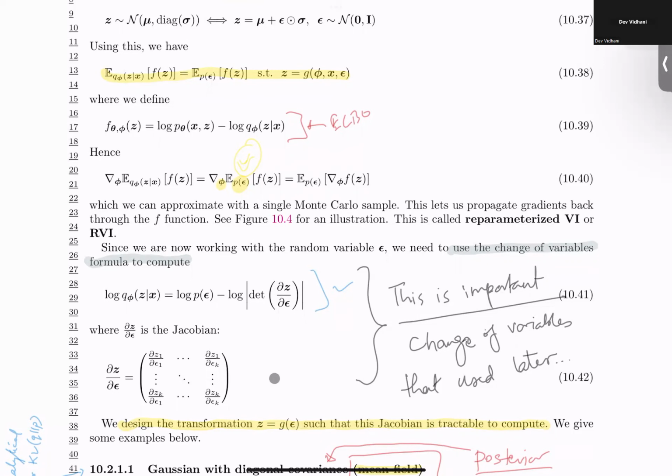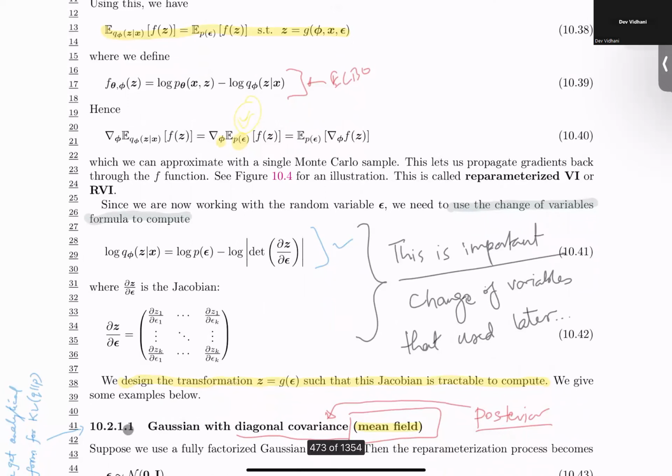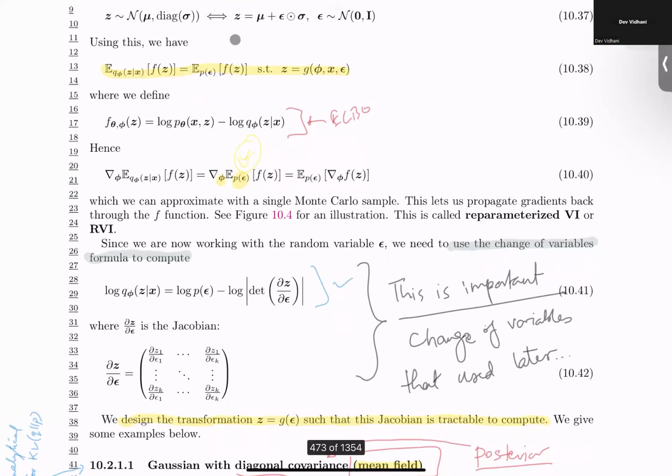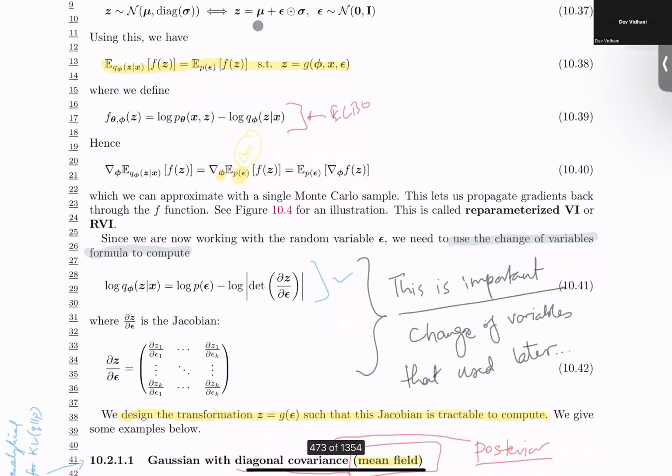So what you see in the next sections, 10.2.1 to 10.2.11 and 10.2.13, is: what if my Z has a diagonal covariance, right?